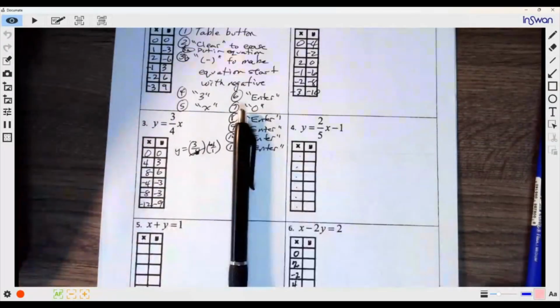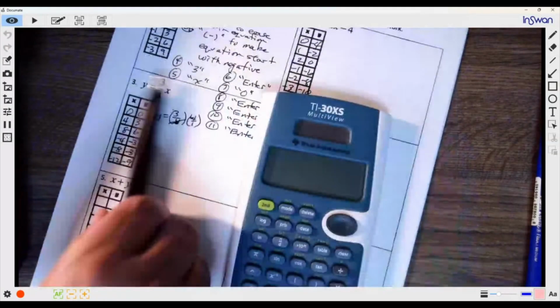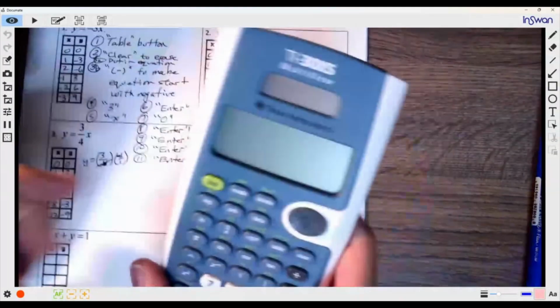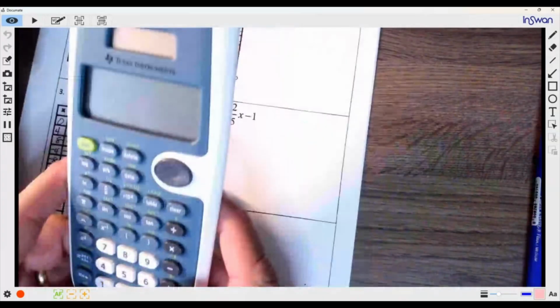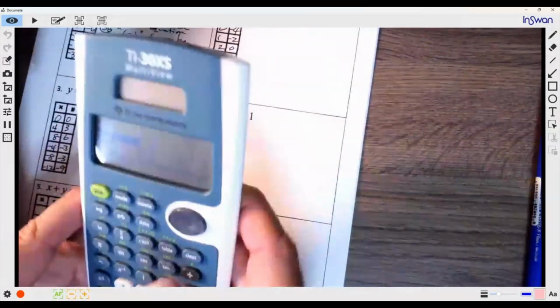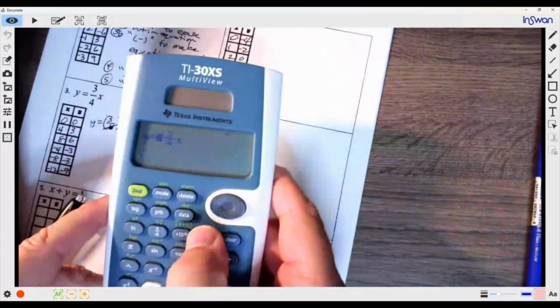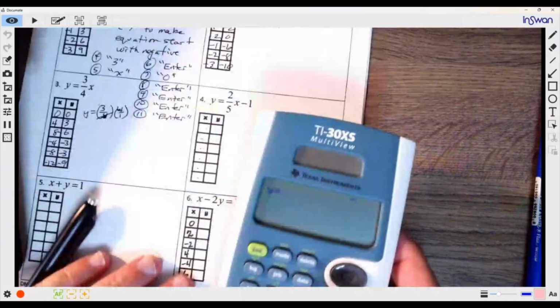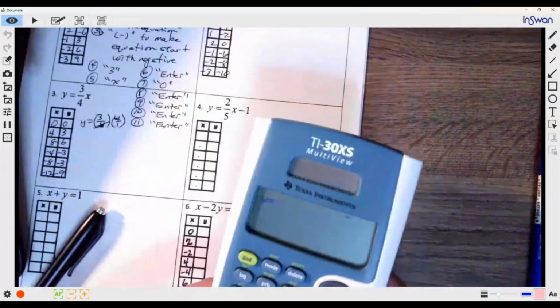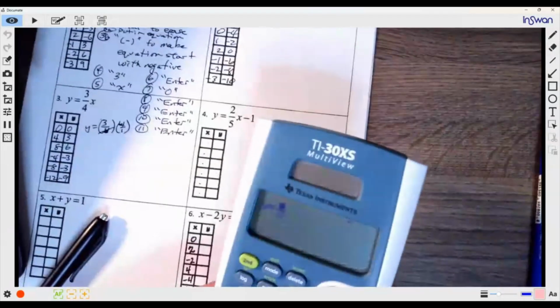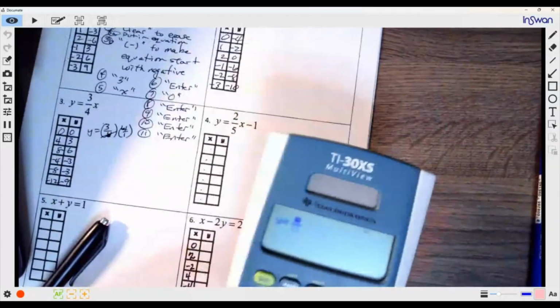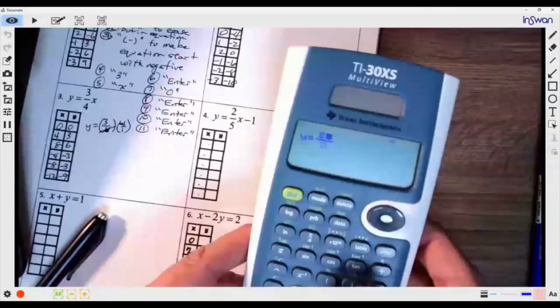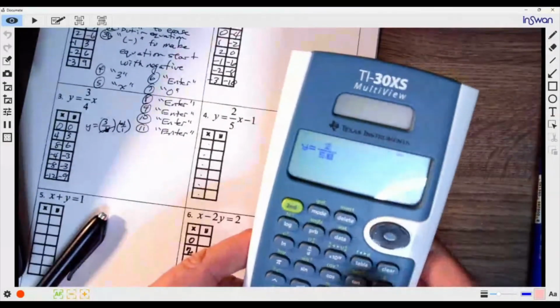All right, let's look. I'm going to hit my 21 first. Hit my table button. Clear the equation that's in there. My equation is 2/5, so I'm going to hit the fraction key. Put in 2 over 5.